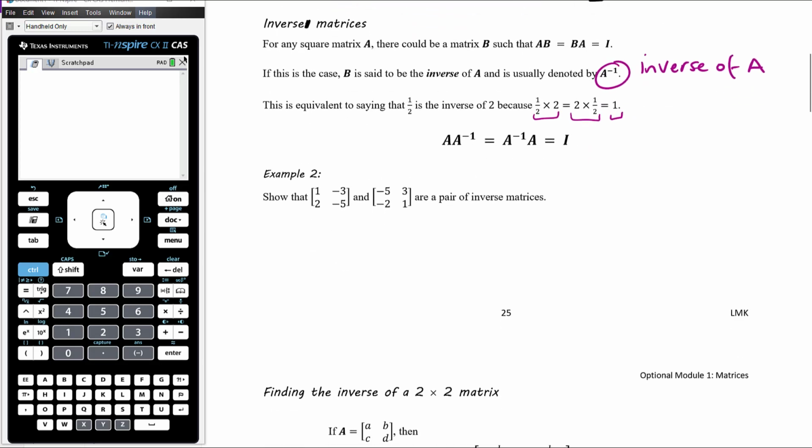Okay, show that this pair of matrices are inverse matrices. So what we should see, if they're inverses, when we multiply them together, they should give the identity matrix. Let's also check that it works both ways.